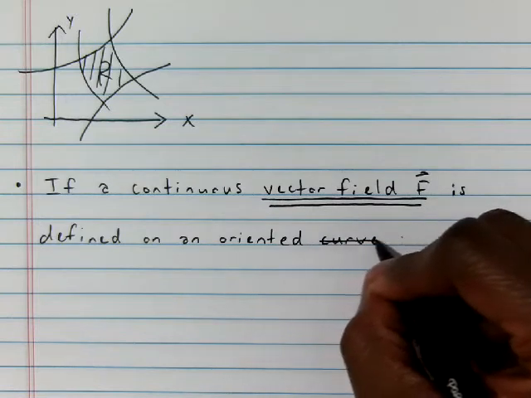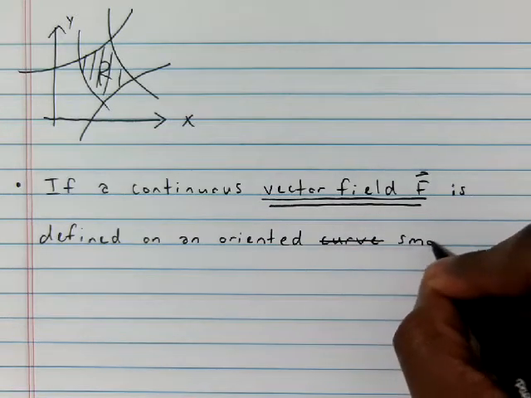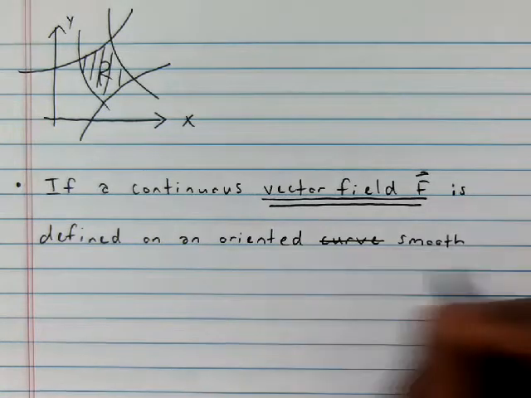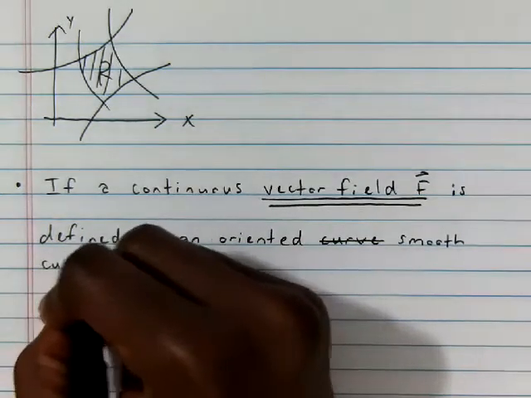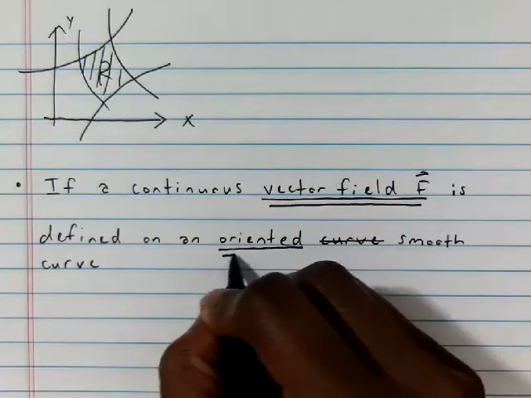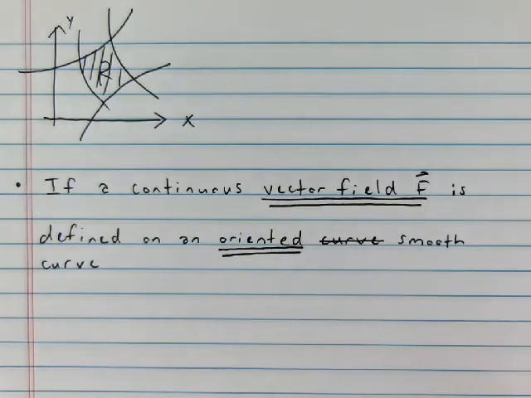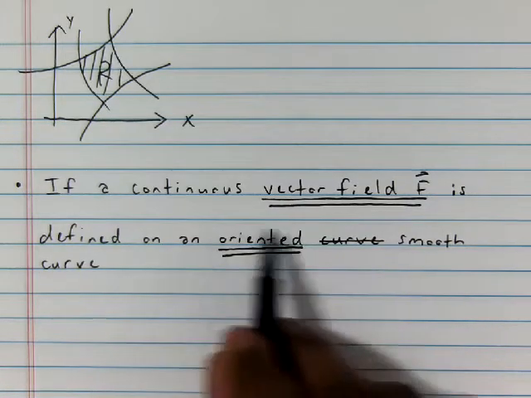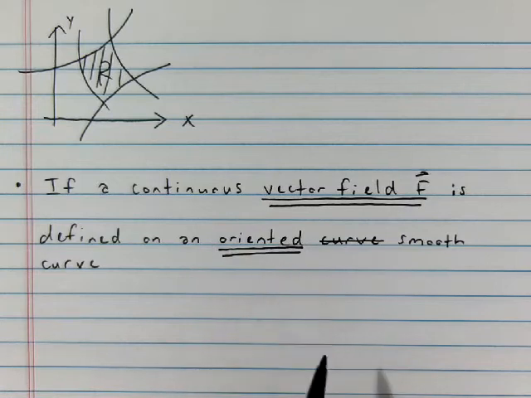We need it to be a smooth curve. And I've been orienting my curves, putting arrows on all of them. But you really only need an orientation on your curve if you're integrating a vector field. So you don't need it to be an oriented curve for a scalar function. But for the most part, we'll know our orientation for our curve.